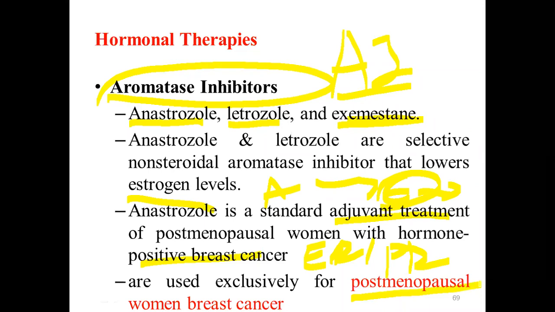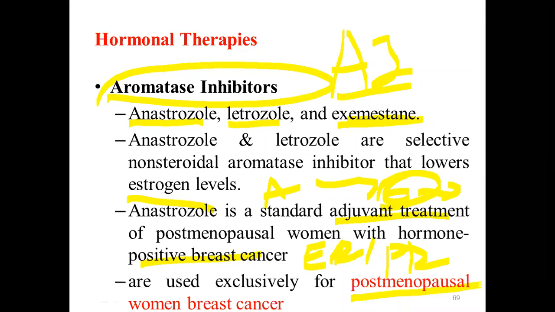So what if we use it in the premenopausal woman? It will affect ovulation and the ability to get pregnant because it affects the estrogen levels that they need for normal reproductive functioning.